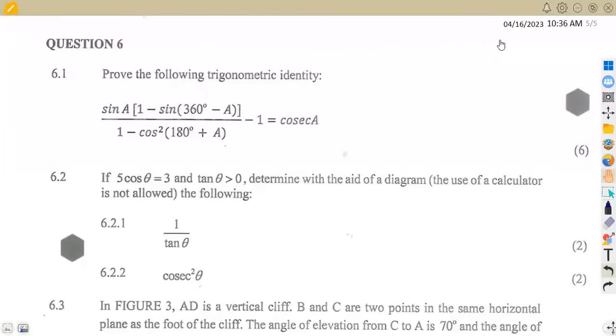All right, so 6.1, we are given to prove the following trigonometric identity. So we are given an identity in this case. Let us just have our identity out. This was one of the most interesting parts, yet difficult in another way.